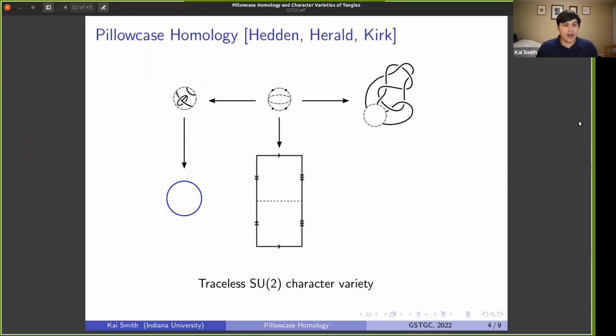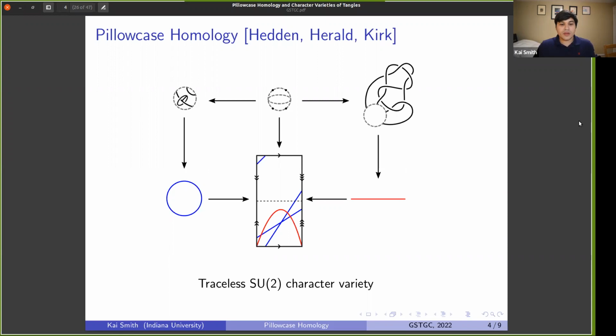So the trivial tangle with the earring is going to give us a circle. And for the sake of demonstration, let's say this other tangle gives us just an arc. And now, since any representation on a tangle complement restricts to its boundary, that means we get a map from each of these spaces into the pillowcase. So for example, the circle might map in like this, and then the arc might map in like this.